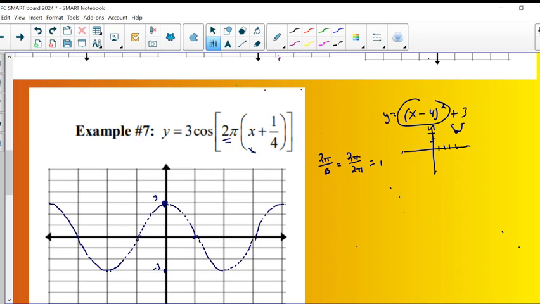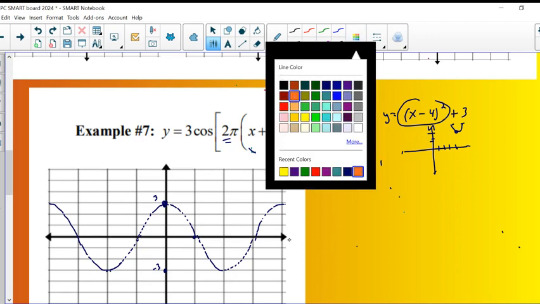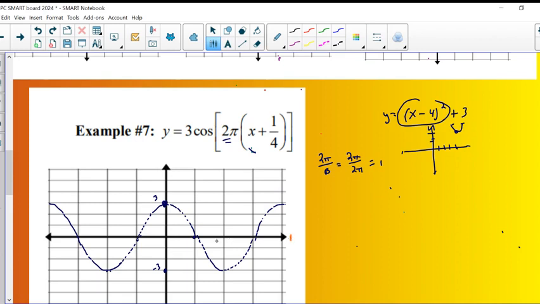Now, I knew my period was 1, so I know that this over here is 1, and then that divides into quarters, right? So that's 1/4, 1/2, 3/4, and 1. And then this could be -1/2 and -1. Think about that, it's actually an excellent quarter marking because we're shifting it to the left by a quarter.